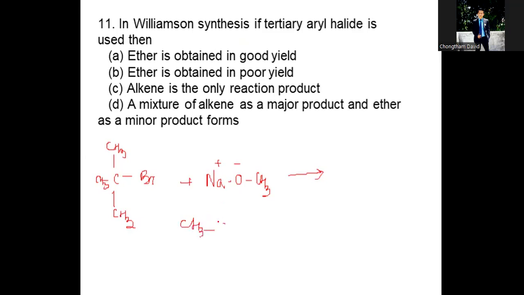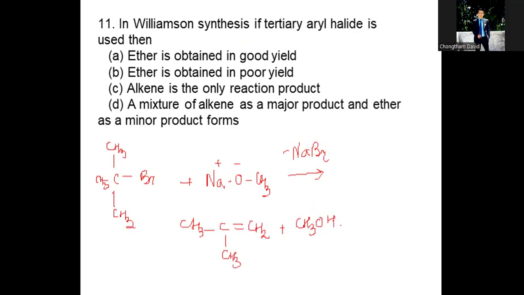So now let us see the product that is likely to be formed after removing this bromine. The double bonded carbon will come here. A salt will be removed, sodium bromide. The product will be 2-methylpropene and methanol.